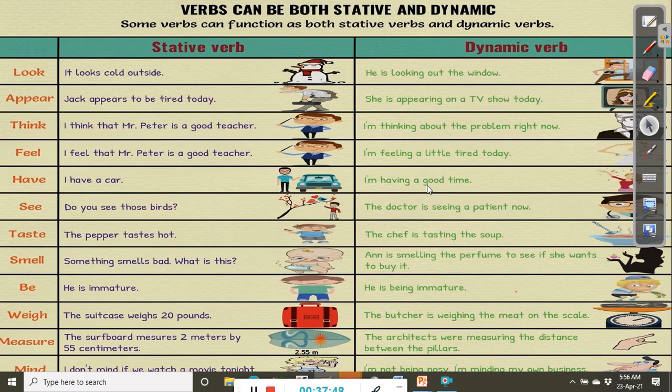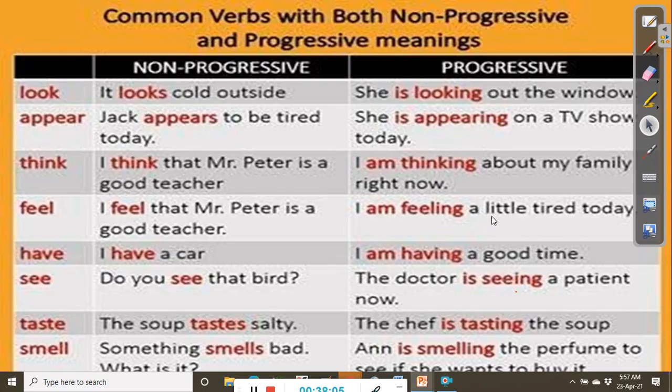All right. It is only when we are using it to express an action in an appropriate manner that we can say that it is now being used as a dynamic verb rather than as a stative verb. All right. So now let's look at common verbs with both non-progressive and progressive meanings.